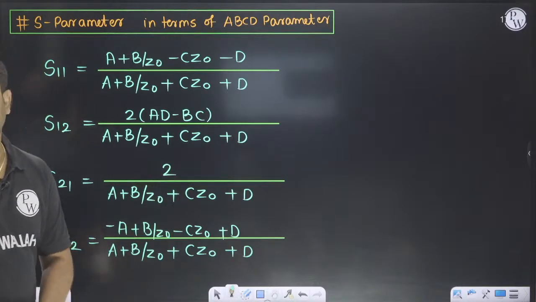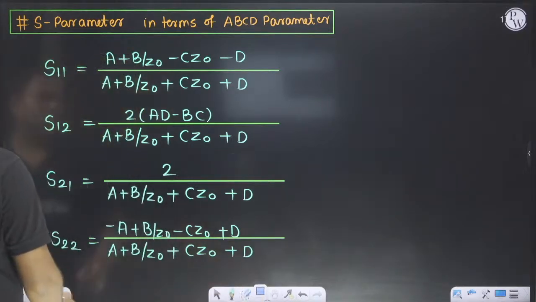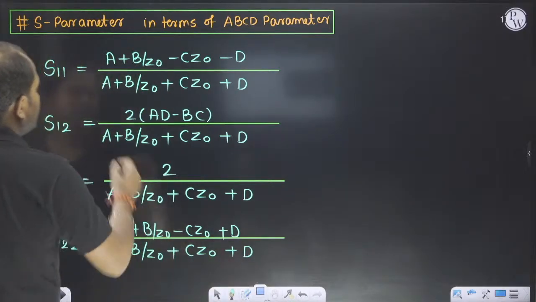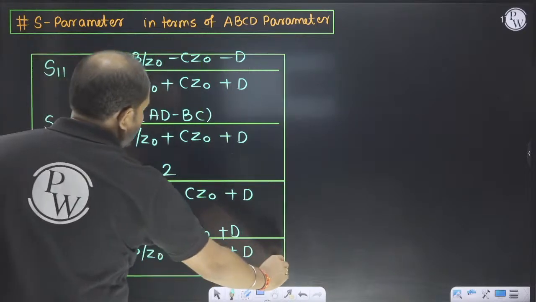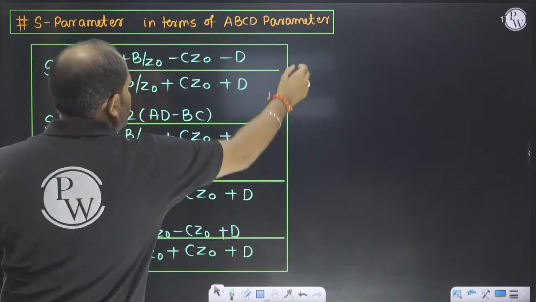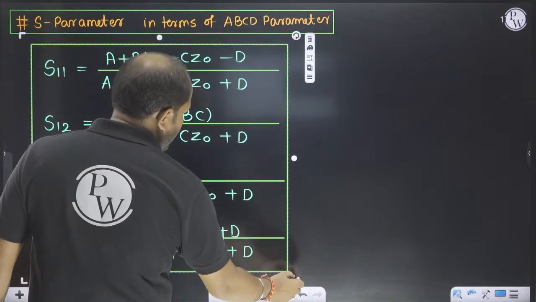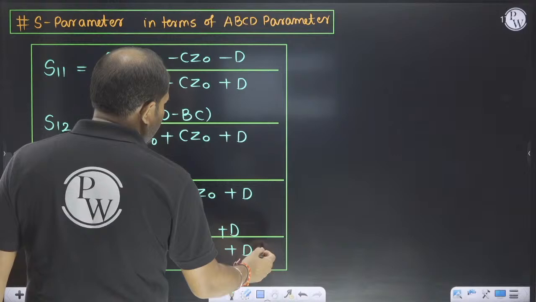So this is the formula for S parameter in terms of ABCD parameter. You have to remember this formula.